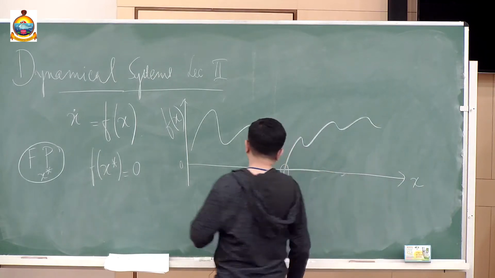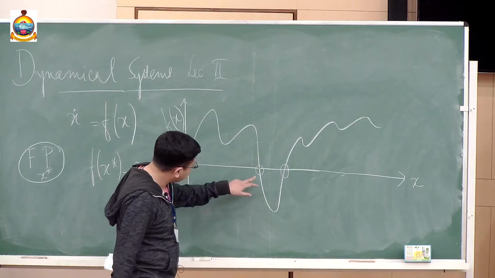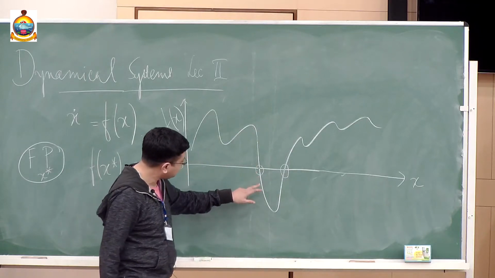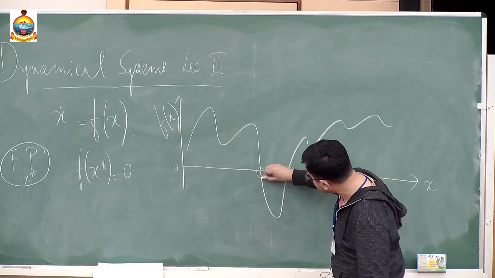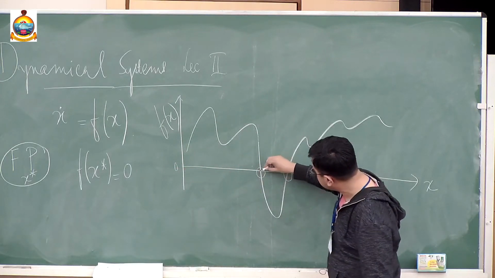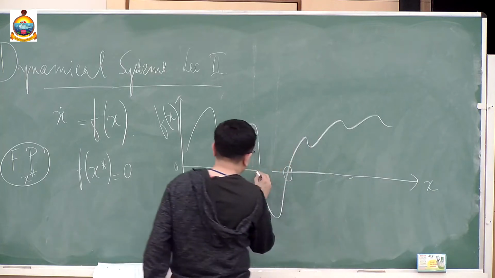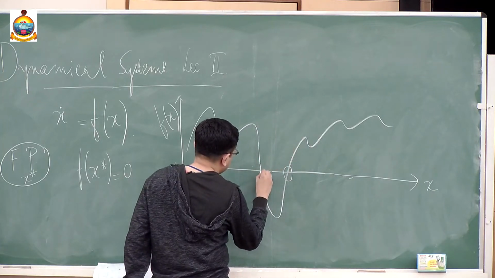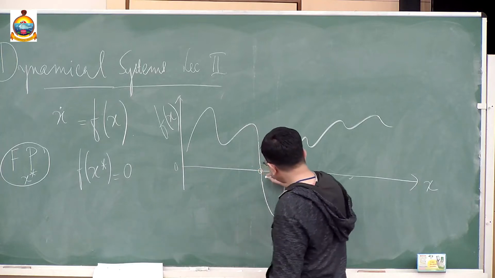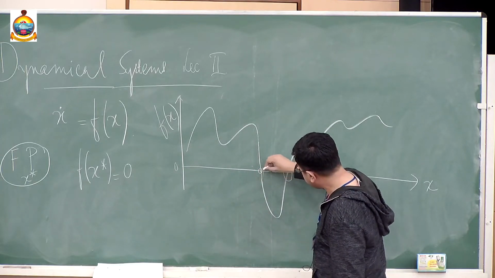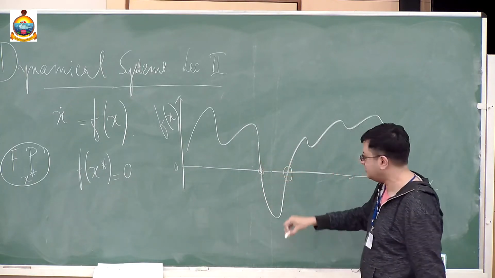But this is telling you something more than that, that the following thing should be evident. Suppose I am at a value of x which is slightly to the right of this x star. I have drawn this point too big, maybe let me draw it slightly smaller. Suppose I am at a point at an x slightly to the right of x star.